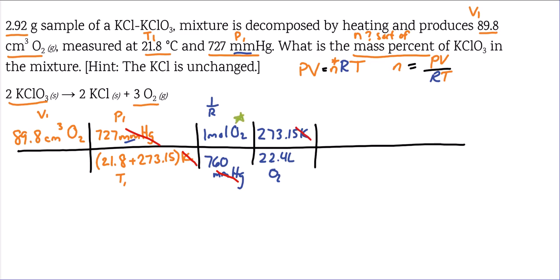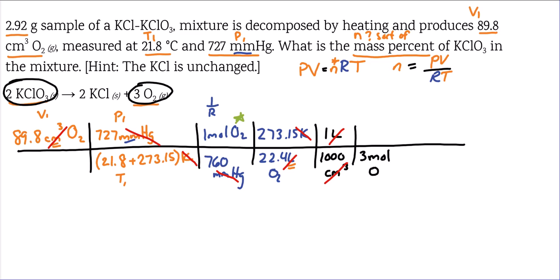A cubic centimeter is 1 milliliter. There are 1,000 milliliters in every 1 liter, and so we're going to get rid of liters and cubic centimeters by stating that there are 1,000 cubic centimeters for every 1 liter. Once this is done, units will cancel so that only moles of oxygen remain.